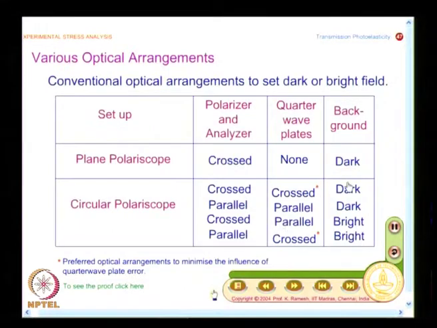So, I move from dark to bright field by simply modifying the analyzer position, and this is supposed to give the least error, when the quarter wave plates are not perfectly matched with the light source, which is in all likelihood possible. So, a crossed quarter wave plate combination is what you should always look for arranging in a conventional circular polariscope.